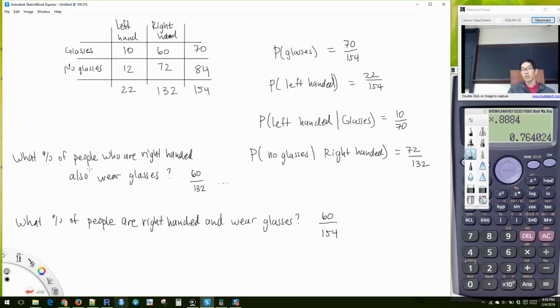How many of them also wear glasses? 60 of them. Over here it says what percentage of people are right-handed and wear glasses. So here we got 154 people total, and 60 of them are right-handed and wear glasses.